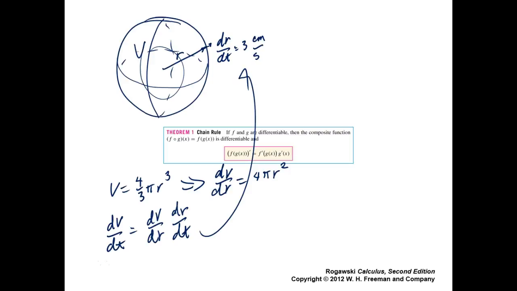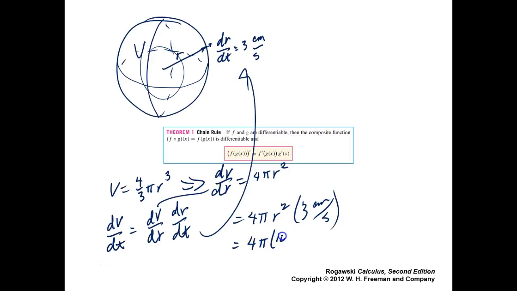So, now we know we can plug that in for dV dr. 4 pi r squared times dr dt, which is 3 centimeters per second. Okay? Well, we want to do this when r is equal to 10. So this will be 4 pi times, what's 10 squared?